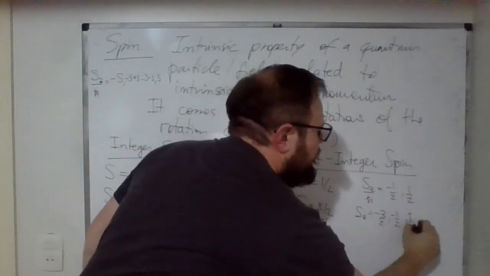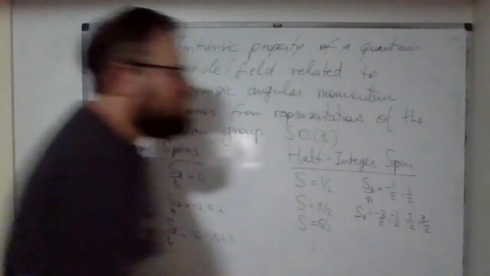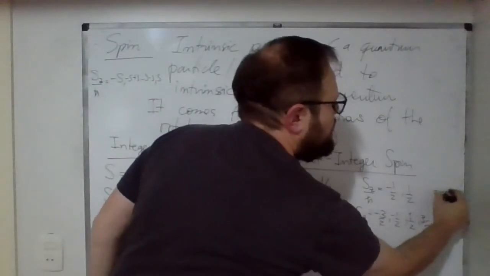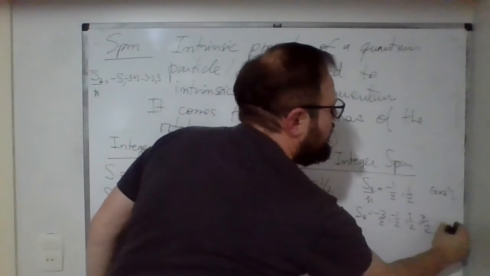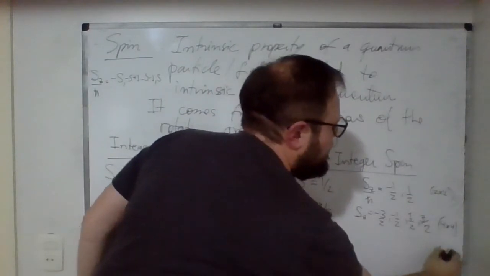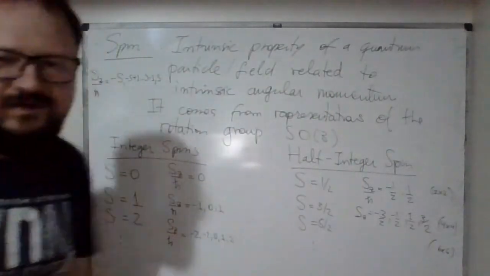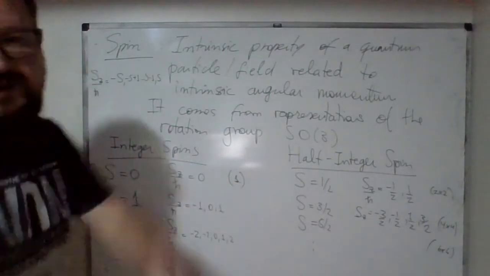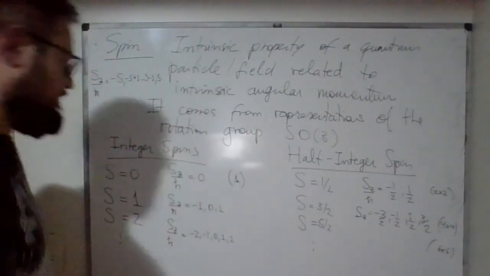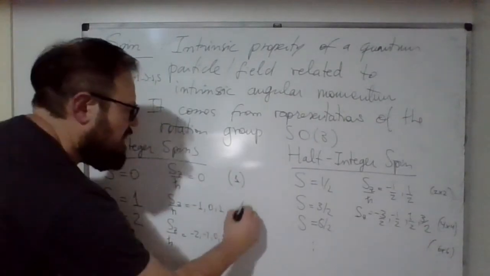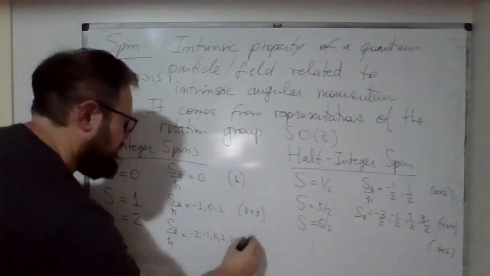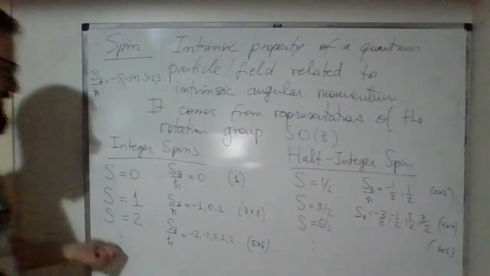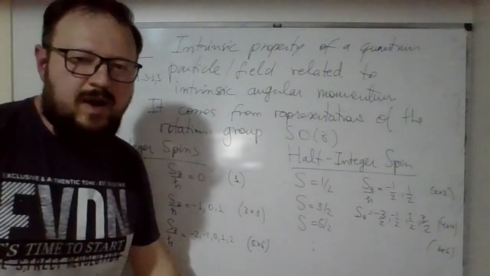1/2, 3/2. So notice that you have 2 by 2 matrices here, 4 by 4, 6 by 6 for the case of 5/2. Here you have one-dimensional matrices, just the number 1, for representing rotations; 3 by 3 matrices, 5 by 5 matrices, here representing the spin 2 particles.